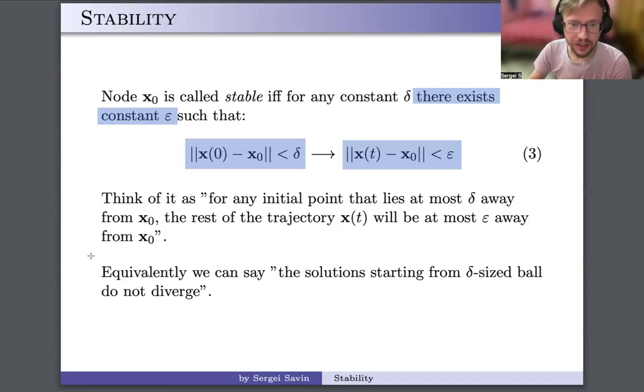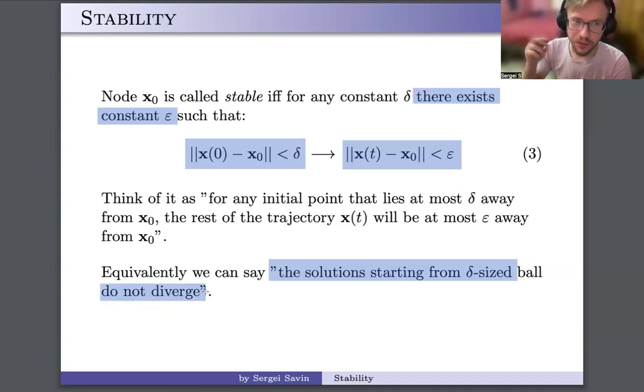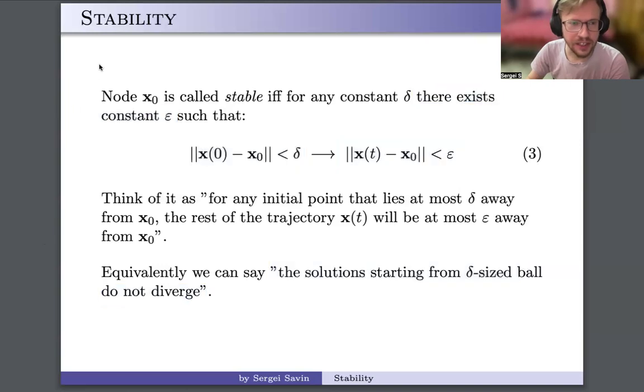So we can say that solutions starting from a delta-sized ball do not diverge. If our initial condition is delta away from x0, then we do not go into infinity from there. Now, this is the stability of a node. Okay, good.